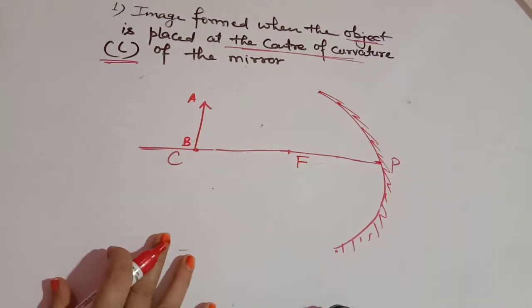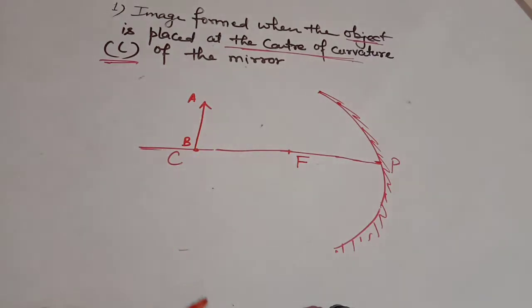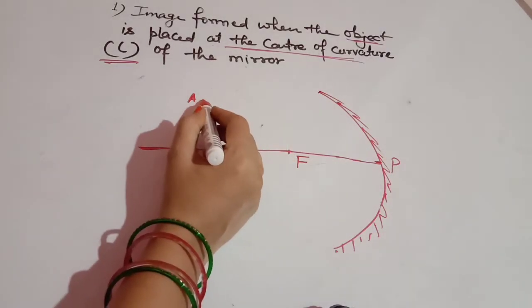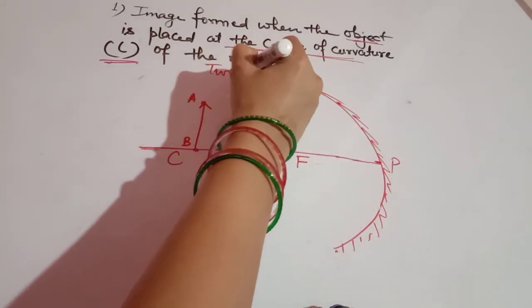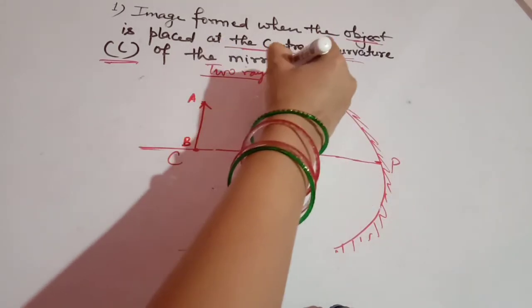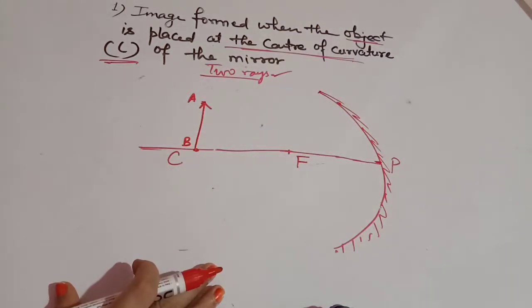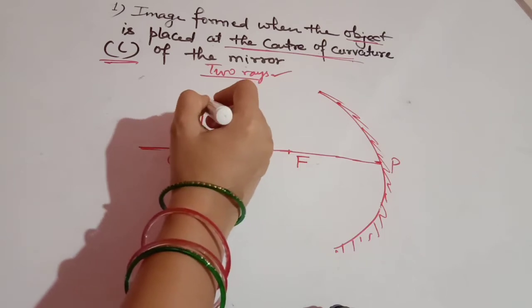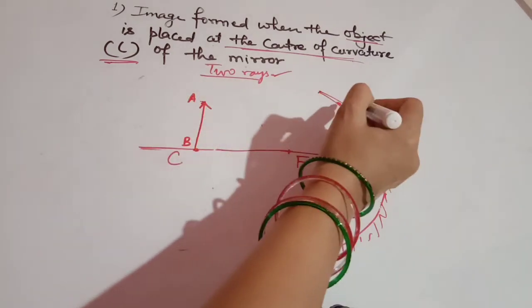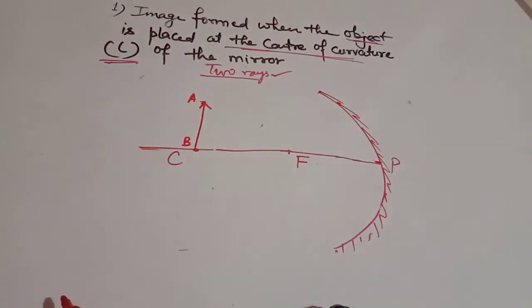So I say, at least two incident rays we need to form an image. From the point A, how many rays will we draw? Two rays. And you know the three rules, you have to follow them. The first rule was what? If the incident ray is parallel to the principal axis, it will reflect back through the focus.